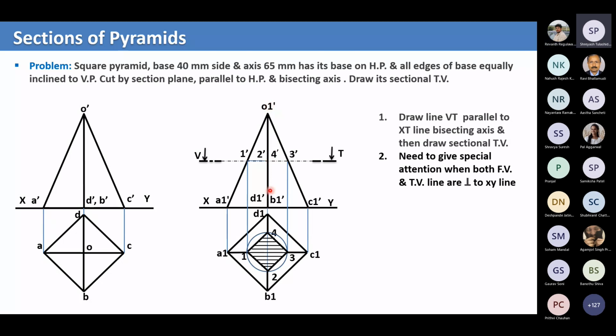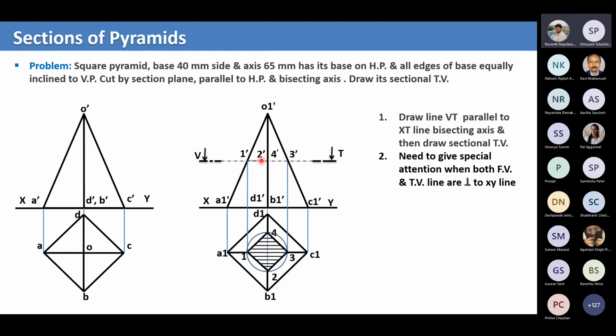But then there is this edge, O1 dash B1 dash, or O1 dash D1 dash. These two edges are not parallel to our vertical plane, but are somewhat inclined. So for these edges, what we do is we project this line here.